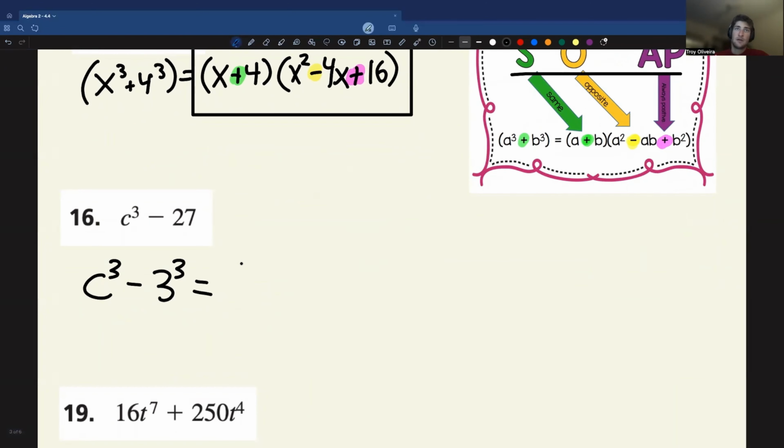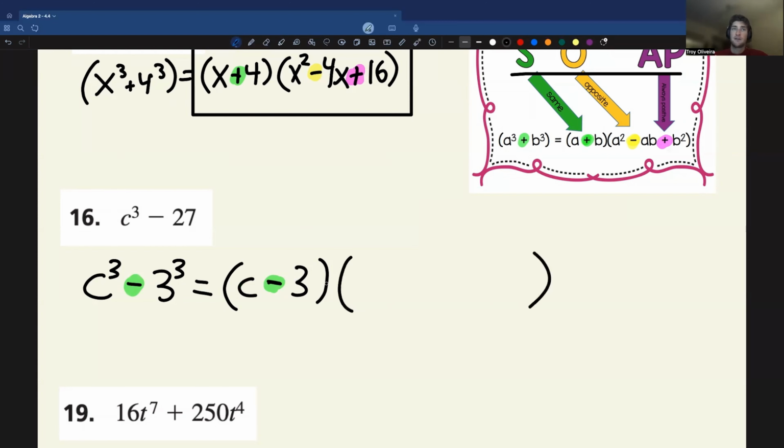So let's do, we know this gets filled in with A and B, aka C and 3, so C and 3. Now, what sign do we use? Well, we're using SOAP, so we should use this sign. And I guess that's not consistent colored, so I'll use green here, yeah. So it should be a minus, because same, okay?